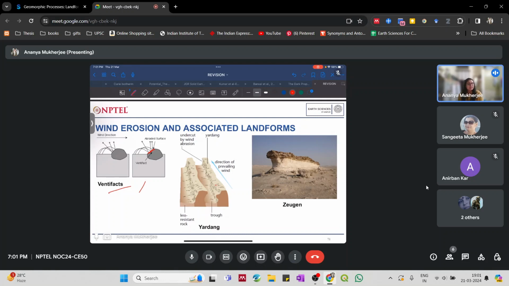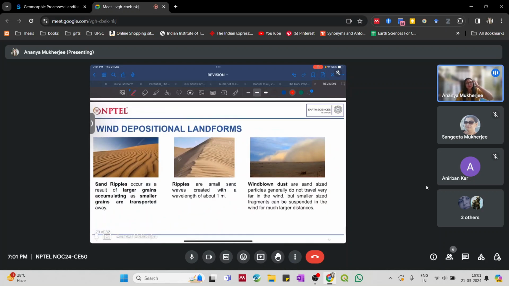And zeugen is when there are alternating horizontal layers of harder and softer rocks, and these softer layers get eroded easily compared to the harder rock, and what you are left with is this tabular mass or tabular feature in the desert. Now, wind depositional landforms.